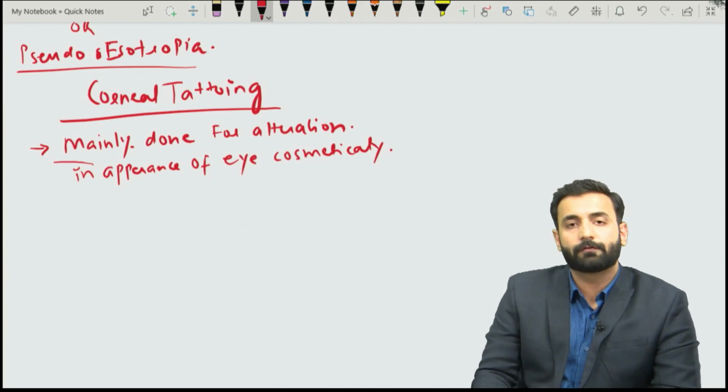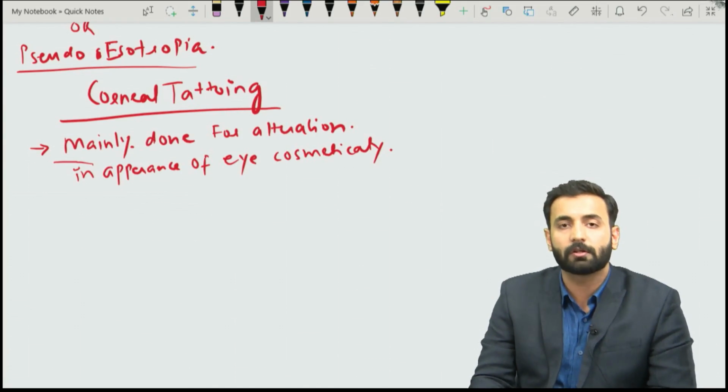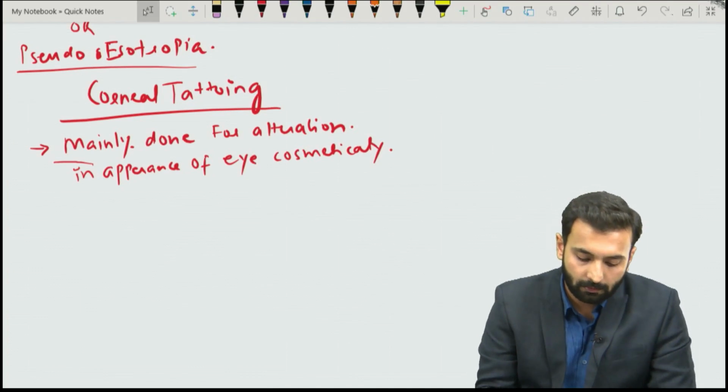The leading cause, the most common cause in which we do corneal tattooing, is corneal opacity.